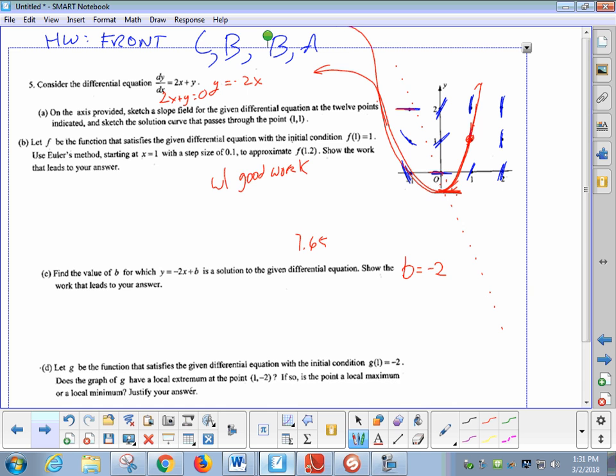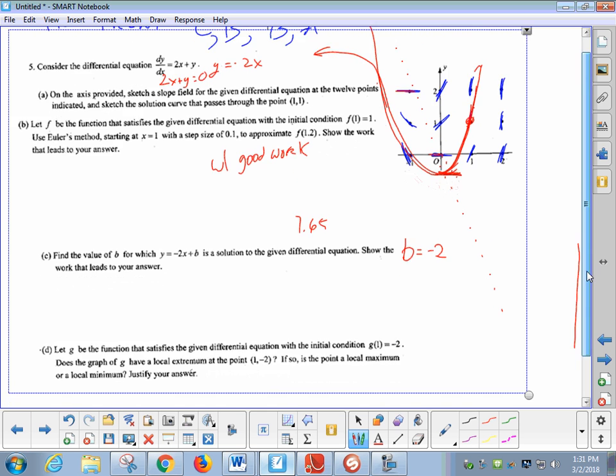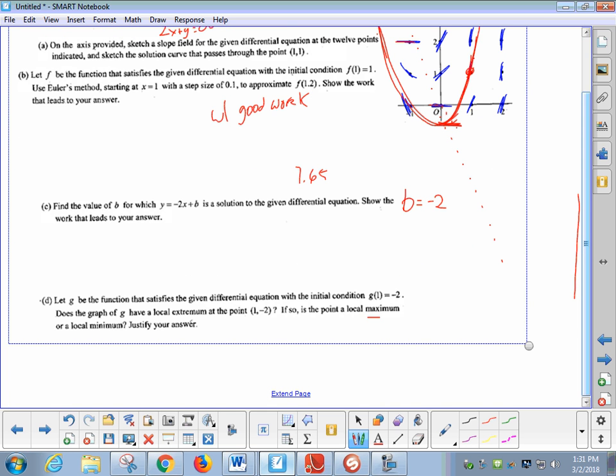For D, they want, how do you determine if something has a local maximum? What are the two calculus ways? Okay, that's what you do, but what's it called? That's called the first derivative test. Another is the second derivative test.